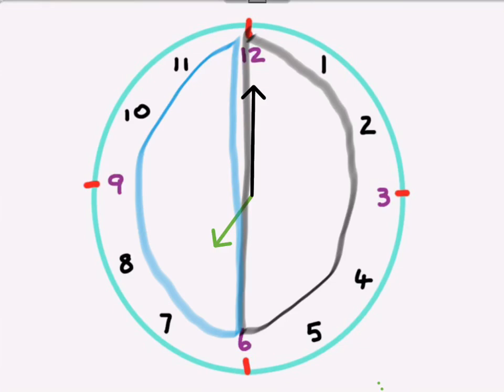So let us go write it there. This would be past 12. Oops, let me get a proper pen. Past 12. And this one would be to 12.